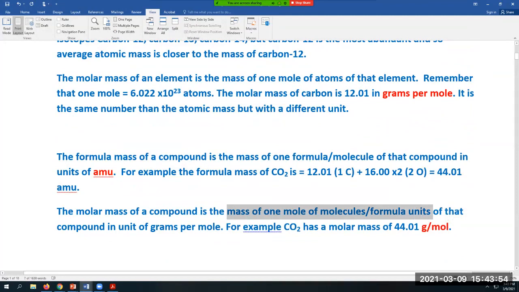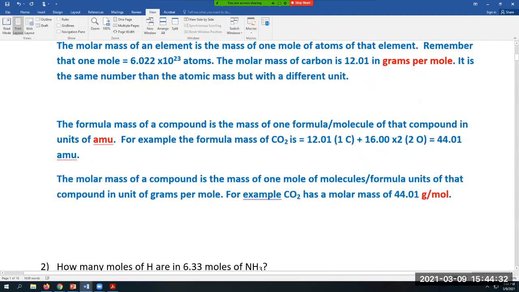Notice how we call molecules the molecular compounds and formula units the ionic compounds. So for NaCl, which is an ionic compound, we don't call it a molecule, we call that formula units of NaCl. So it's the mass of 1 mole of molecules of CO2, for example, and it's in grams per mole.